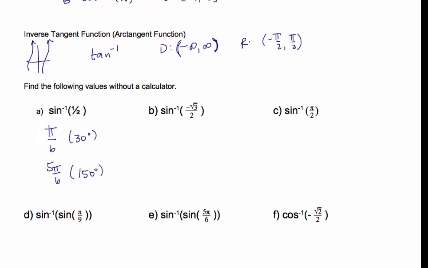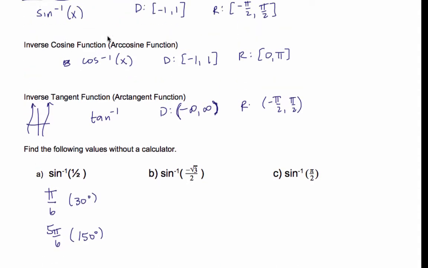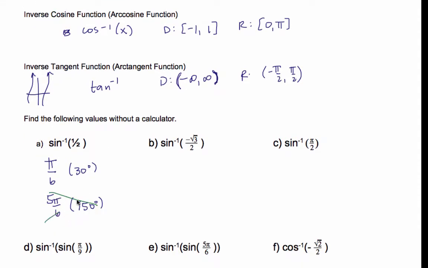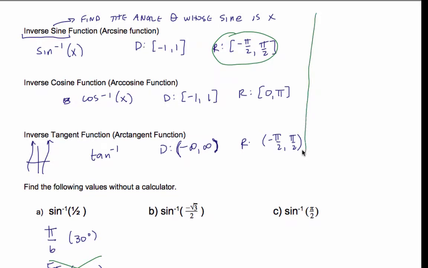So it seems to have two answers. But now that we've talked about these stipulations, my range has to be between negative pi over 2 and pi over 2. It's not an extraneous solution per se, but it's the same concept. I have to go back and consider whether the value is in the range. Over here, I'm going to make a list of things to consider or remember.